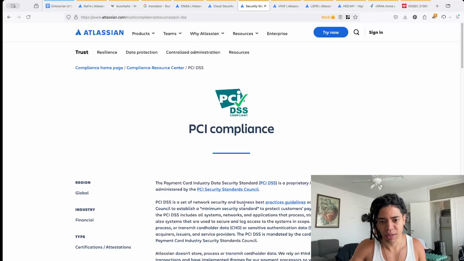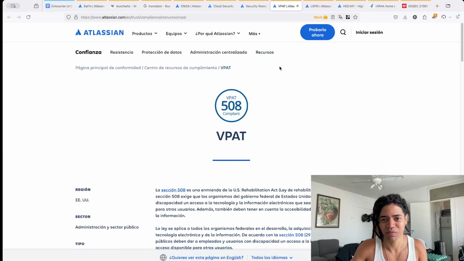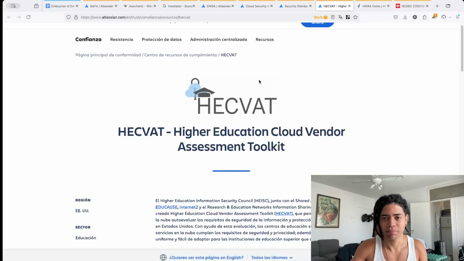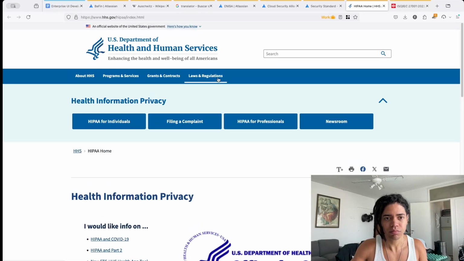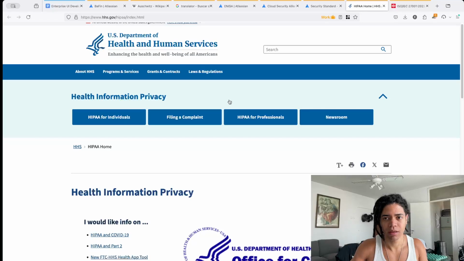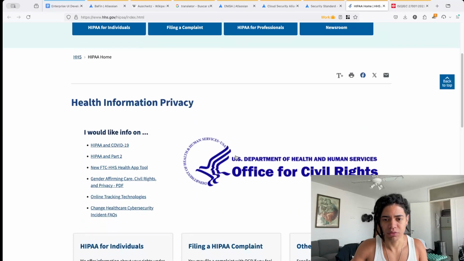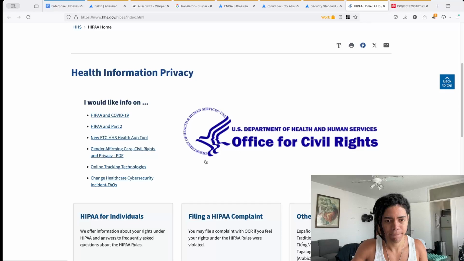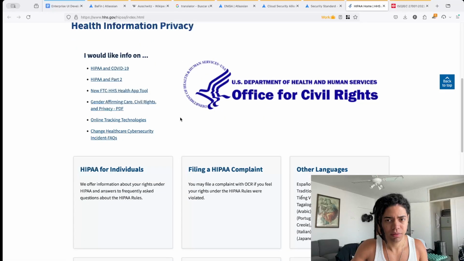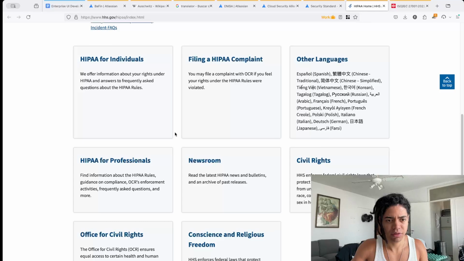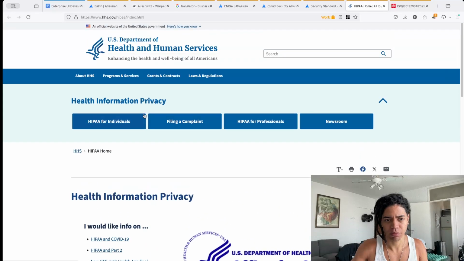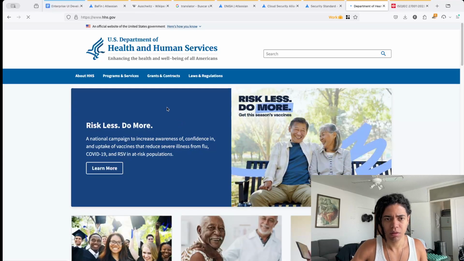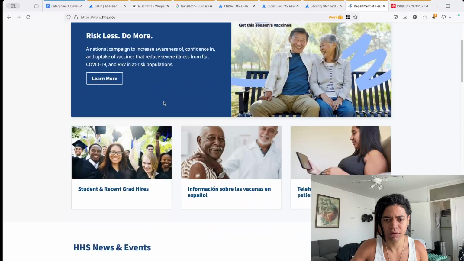It's a set of network security and business best practice guidelines, but this is proprietary. HIPAA. What does HIPAA stand for? U.S. Department of Health and Human Services.